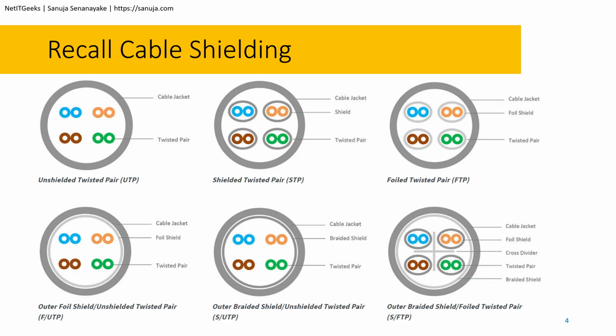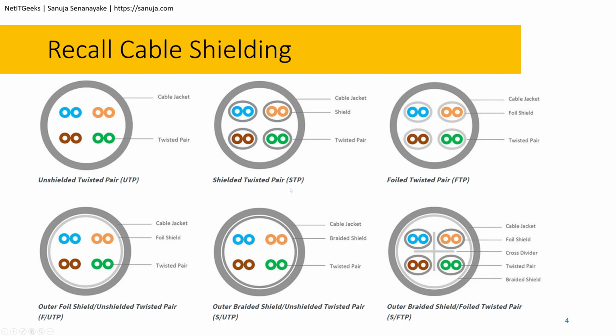So this is where cable shielding becomes something that you should be aware of as a cable installer or a structured cabling engineer. For example, UTP has twisted pairs like this, and you have a cable jacket, and among these twisted pairs there is no separation.